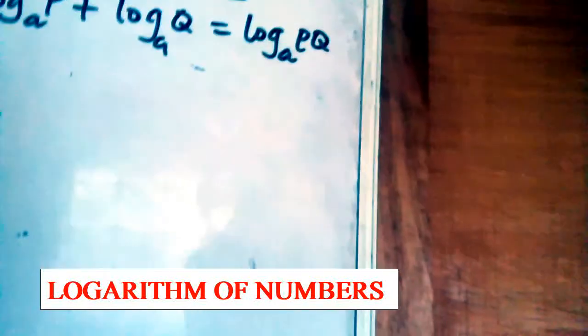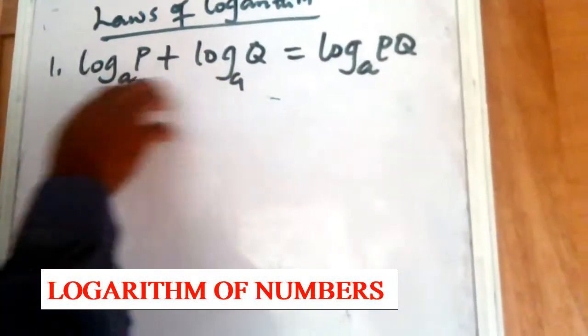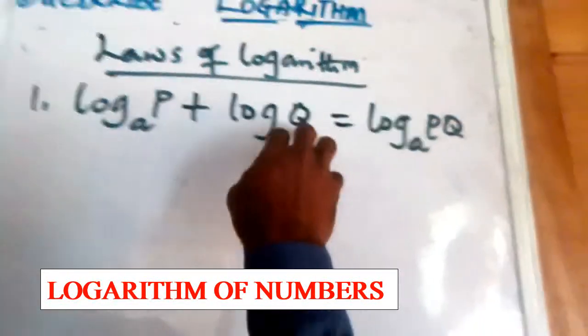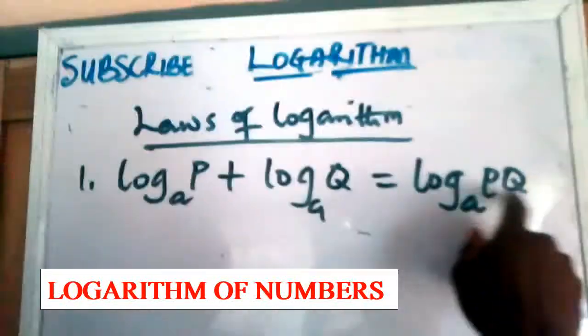So the log of the number p to base a, the bases being the same, plus log q base a is the same thing as log base a of pq.